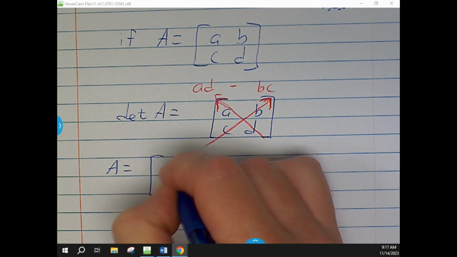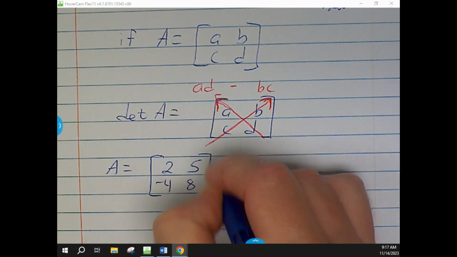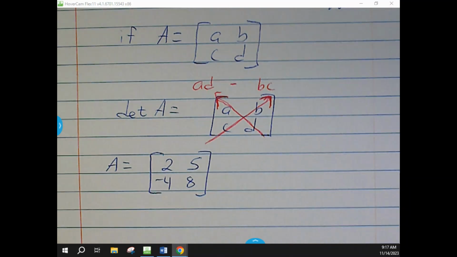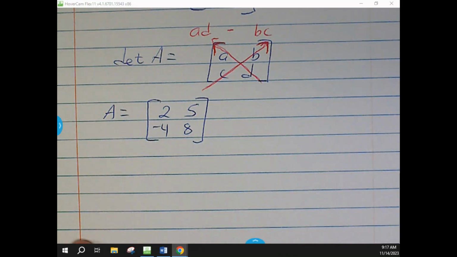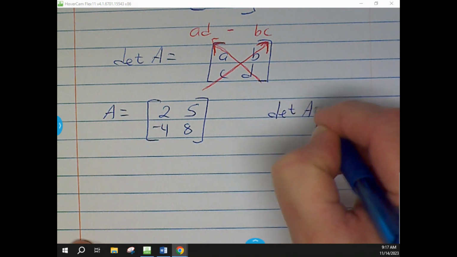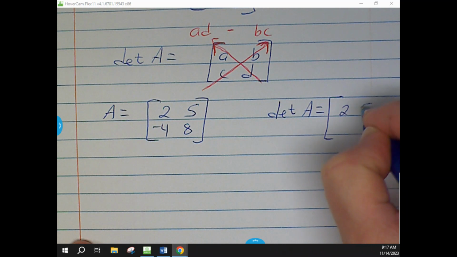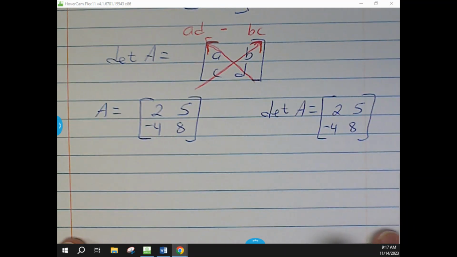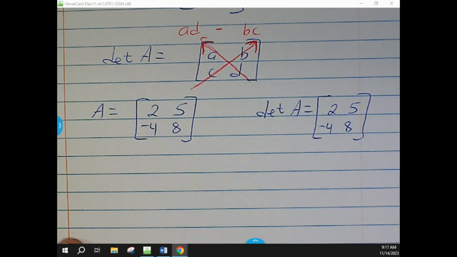All right, so let's put some numbers on it now. So if A is 2, 5, negative 4, 8, and they ask you to find the determinant of A. Again, just cross products.